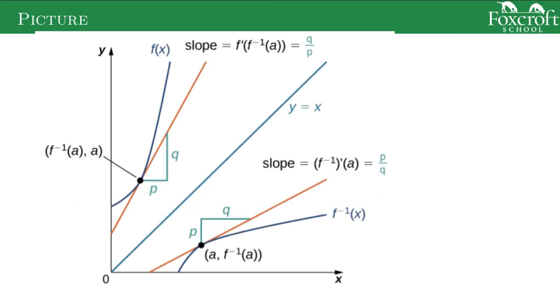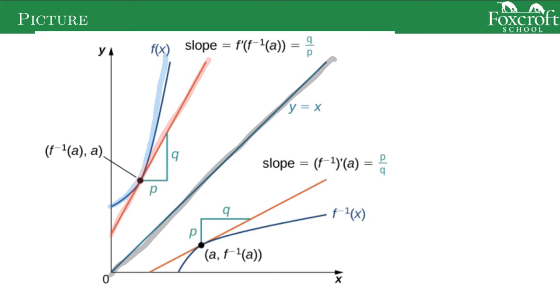All right, so here is a graph of what's happening. So we saw in the inverse video the reflection over this diagonal line, y equals x. This is the original graph here, and our original graph has this tangent line.